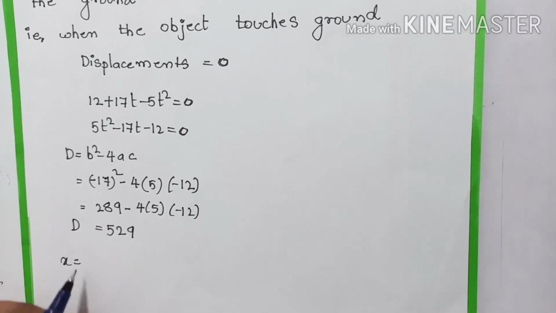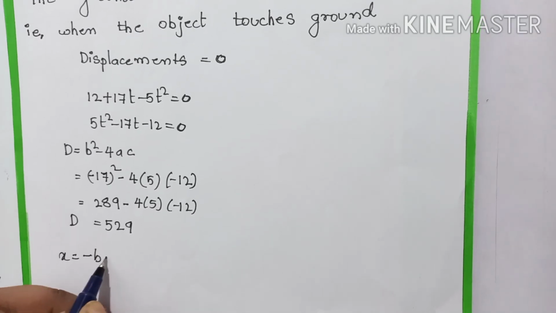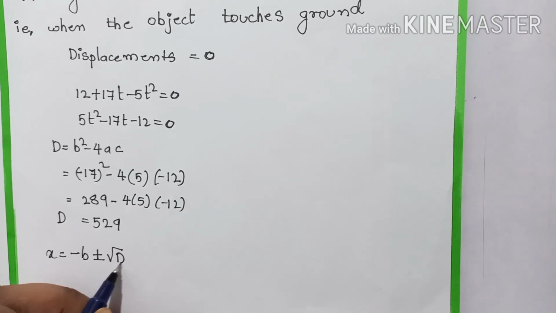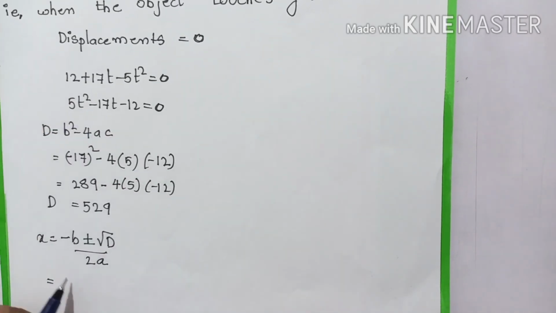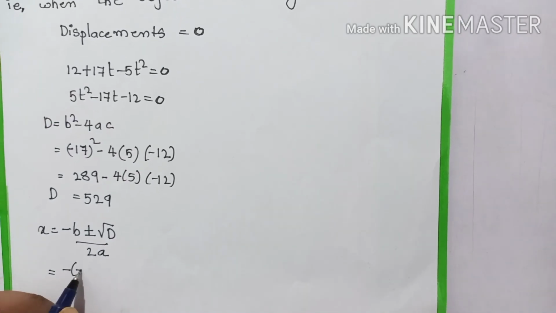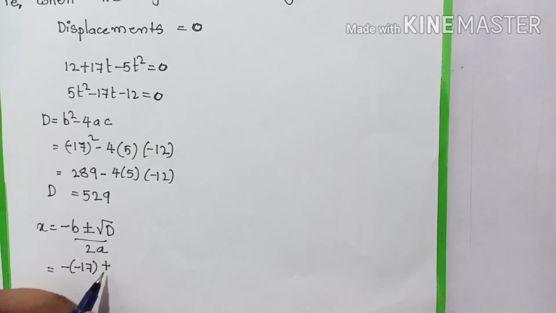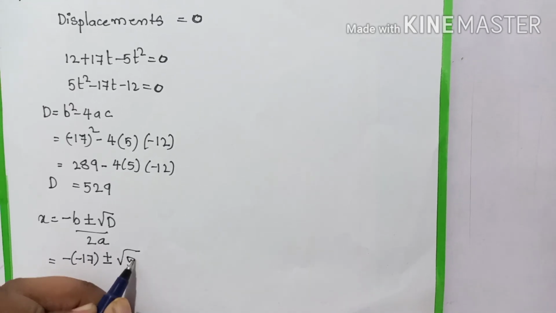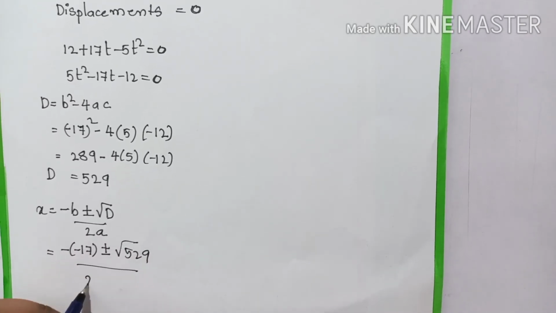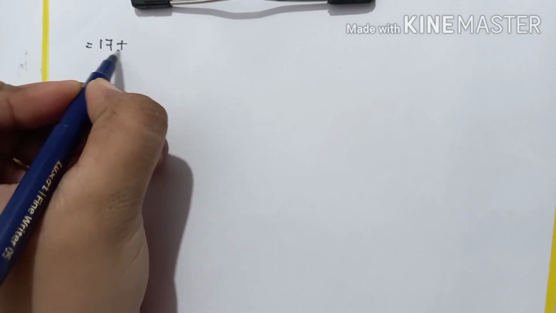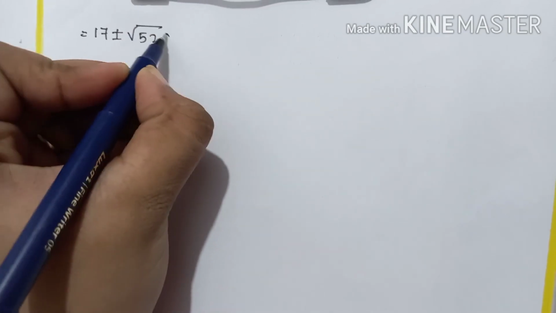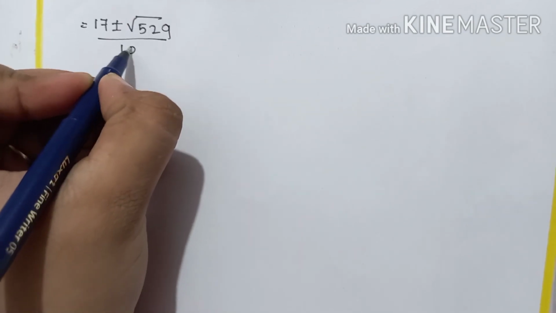Now to find the roots, as usual we use the formula minus b plus or minus under root d by 2a. We know the value of b is minus 17, so minus of minus 17, and the value of d is 529, by 2a, and the value of a is 5. Now we have 17 plus or minus under root 529 by 10.